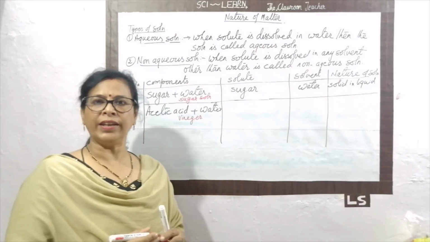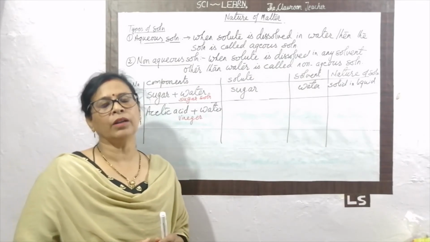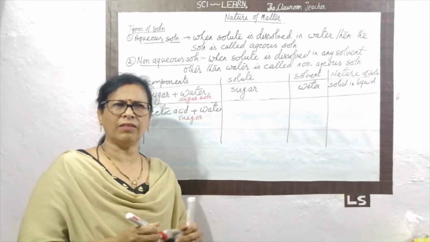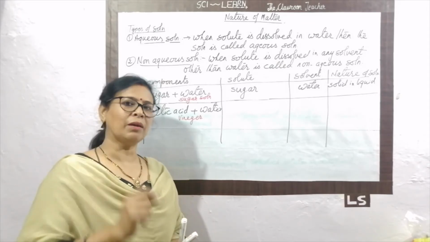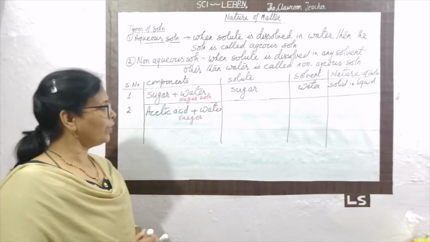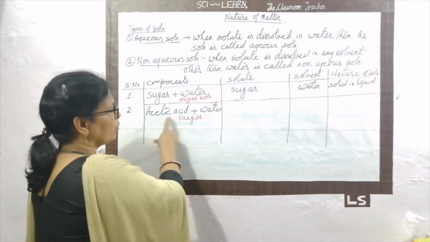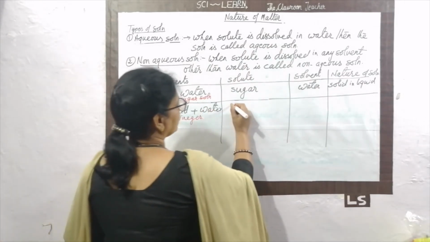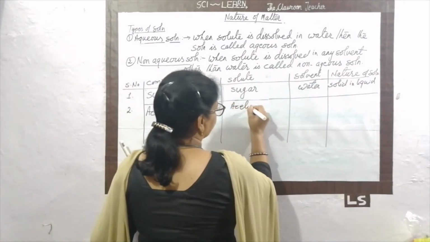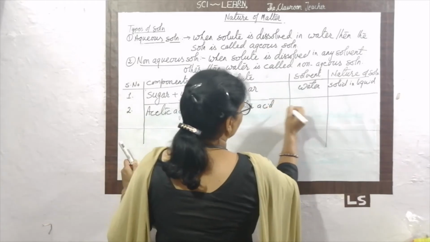And you know what vinegar is? Vinegar is a chemical which is used very much in our Chinese food. It is an important component. So vinegar is actually the combination of acetic acid and water. Again, what is the solute here? That is acetic acid. What is the solvent here?